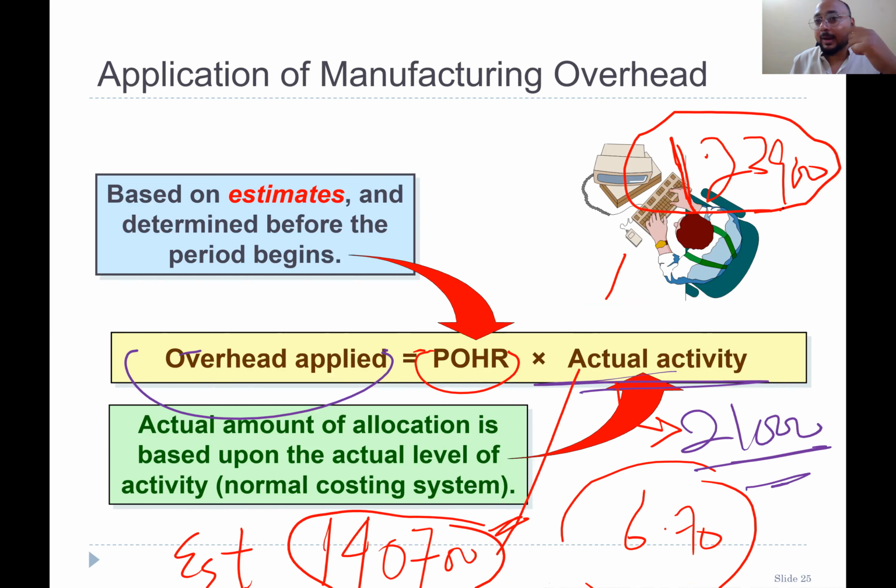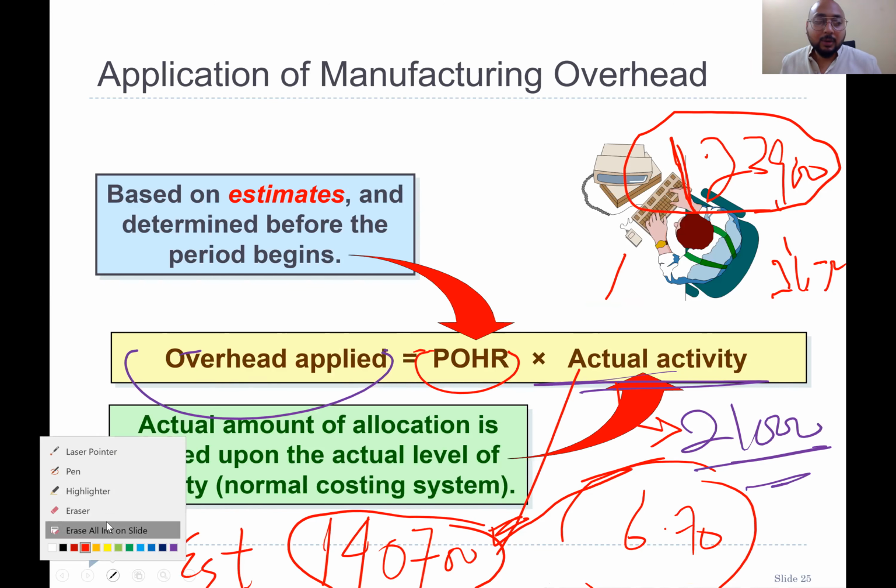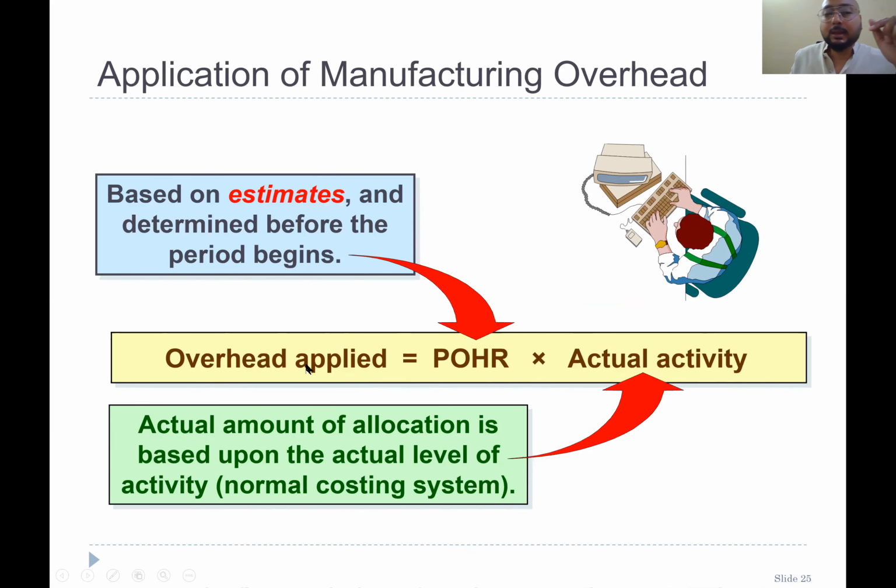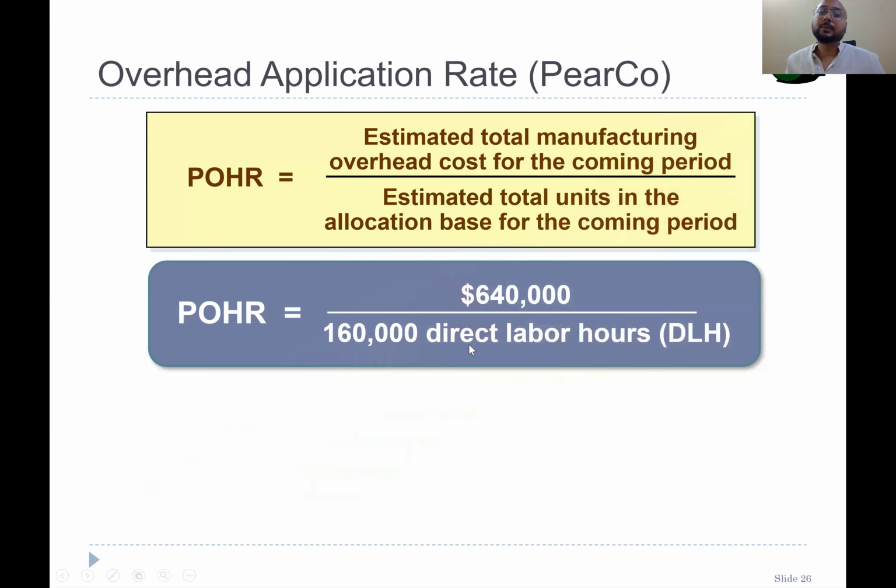Now you can say that the company outperformed. The company uses less cost. The company is efficient. This is good for the company because both are based on 21,000. So how do we calculate the overhead applied? First we calculate POHR. We multiply it with the actual activity, the actual base. We find out the estimated overhead applied based on actual activity. Here we go.